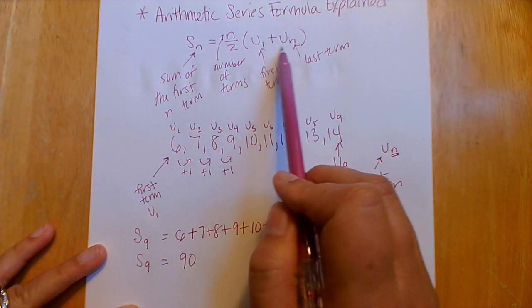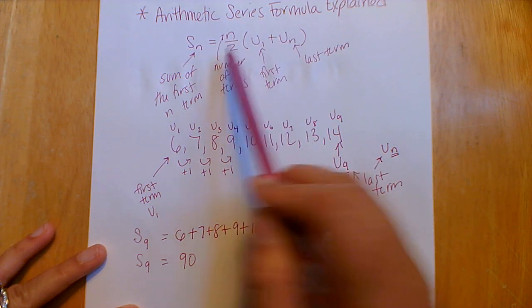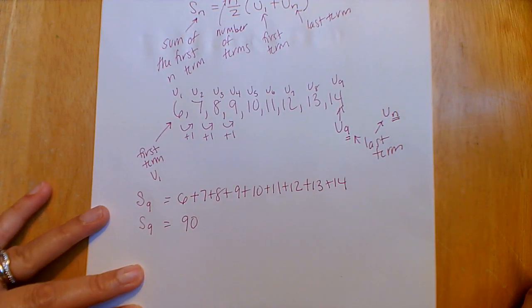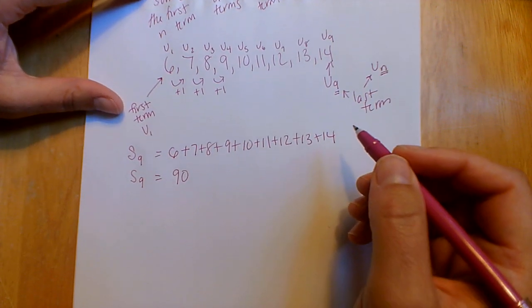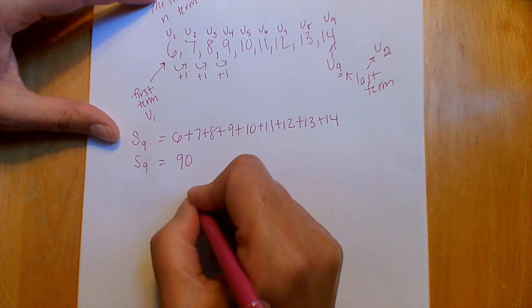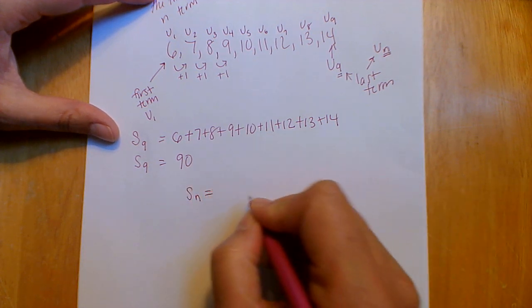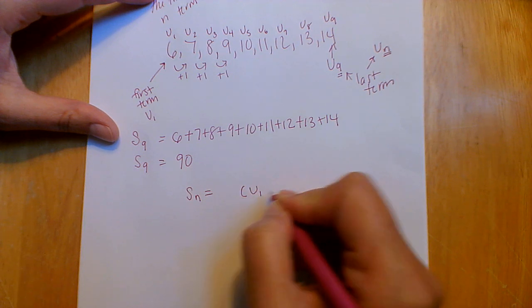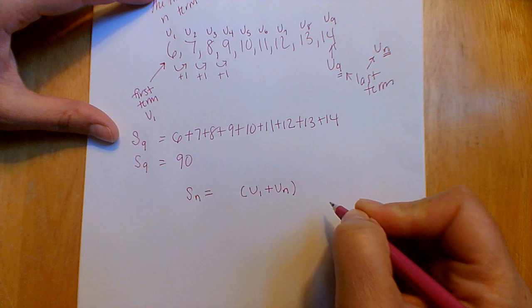The first thing that I want to investigate are adding these two numbers and then dividing by 2. So I'm actually going to rewrite the formula in another way that is completely, absolutely fine. You can do this in mathematics. So our formula is S sub n, okay? Now we have the first number plus the last number. That's what this means.